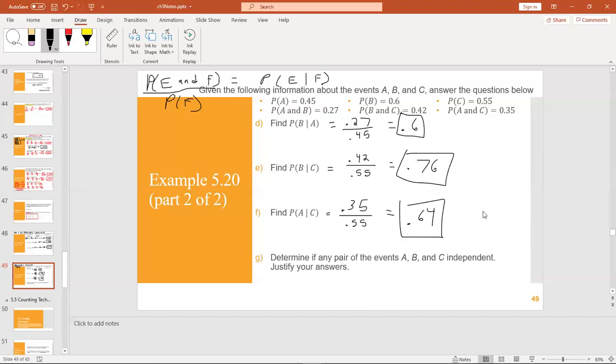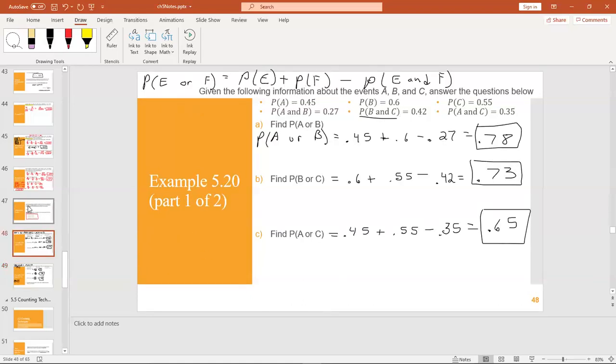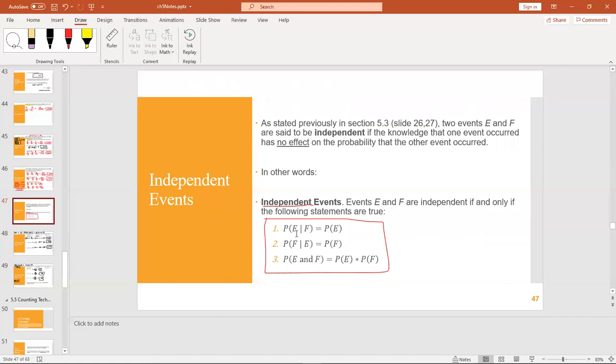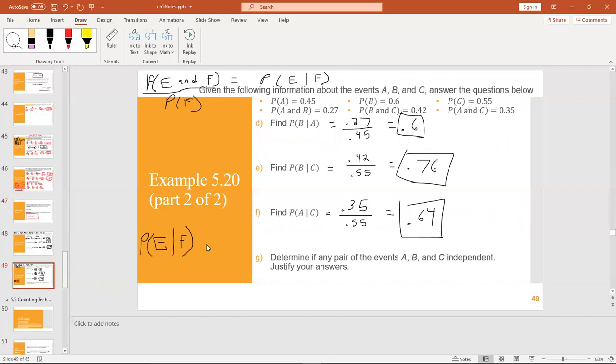So then they say, determine if any of those are independent. Well, if something is independent, that means the probability of E given F just equals the probability of E. So in this case, something interesting happened up here.